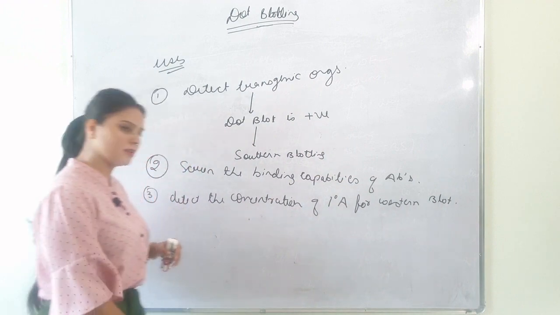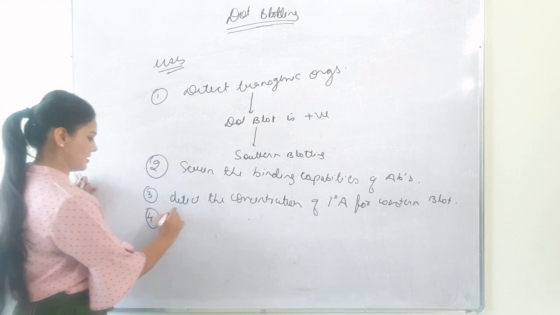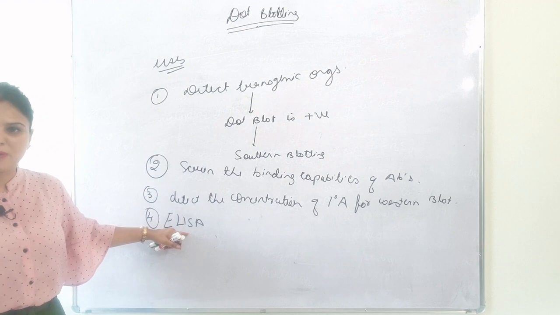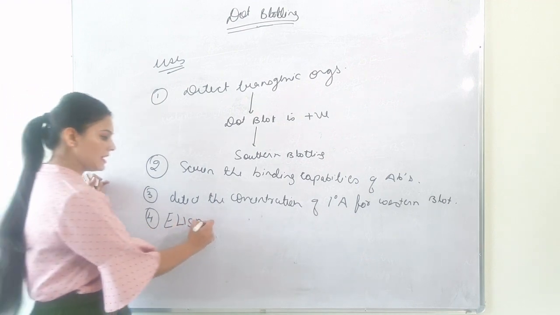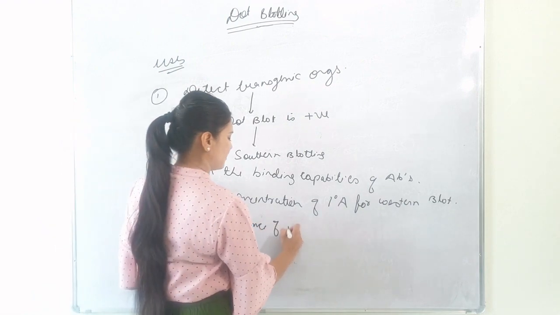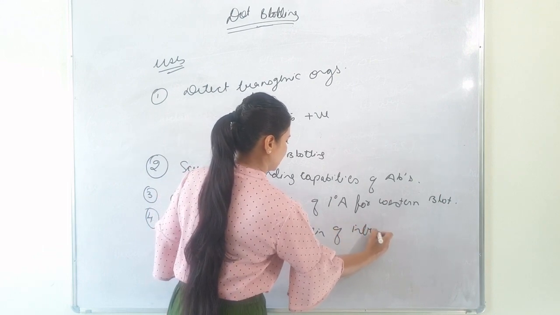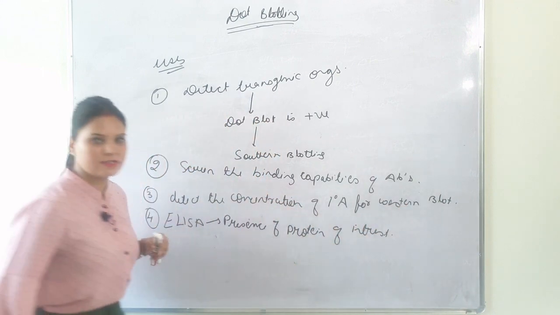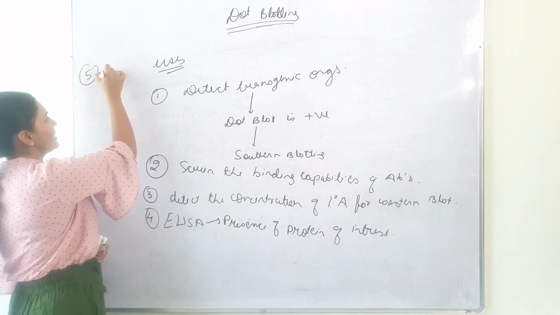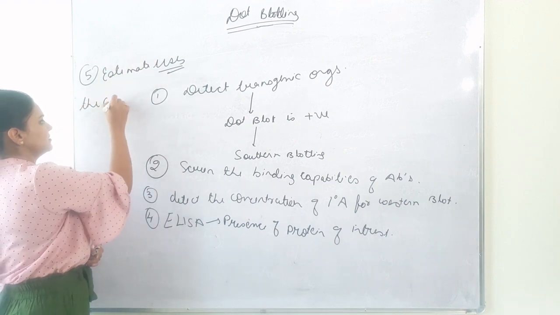Along with this, we can also use dot blotting in ELISA, which is enzyme linked immunosorbent assay, in which we can detect the presence of a protein of interest in the serum of the blood of an organism. Dot blotting is also used to estimate protein concentration.